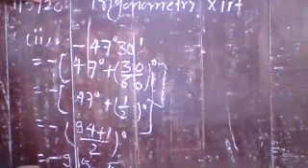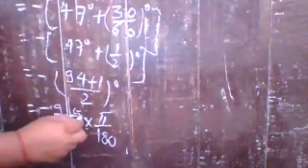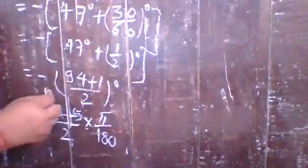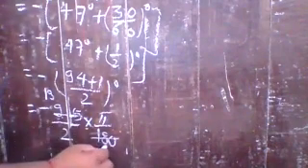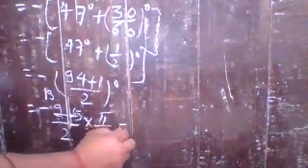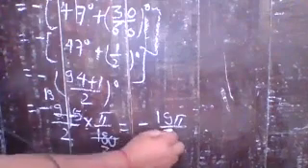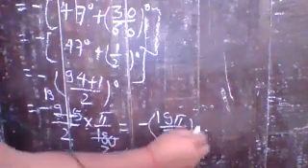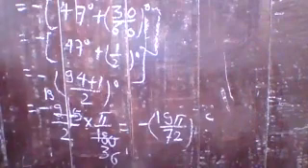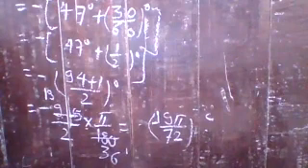In this way it is converted into radian. Simplifying, if you cancel it, here you have 19 and here 36. So your final answer is minus 19 pi upon 72 radian.